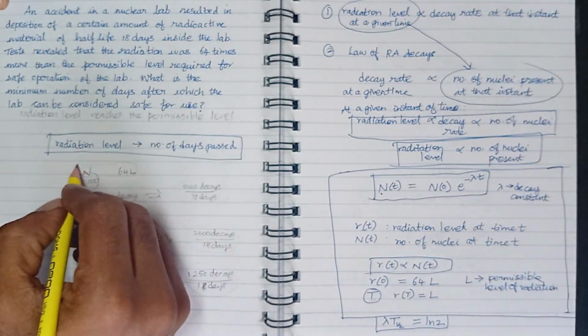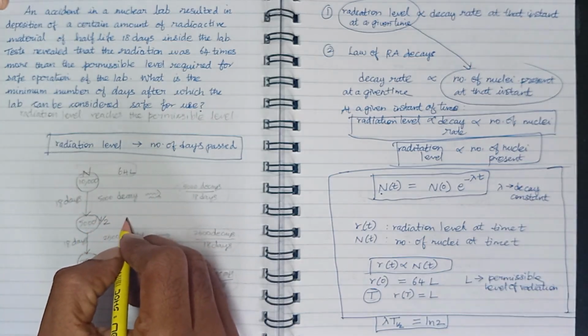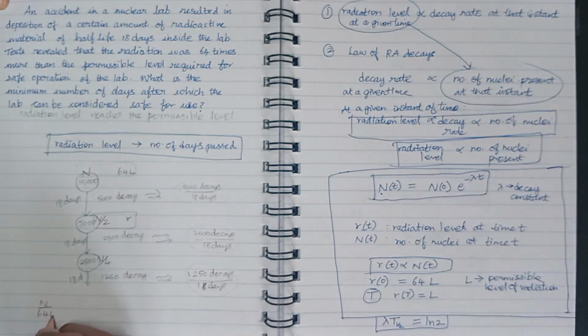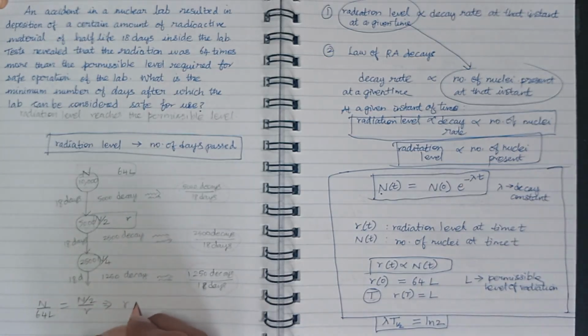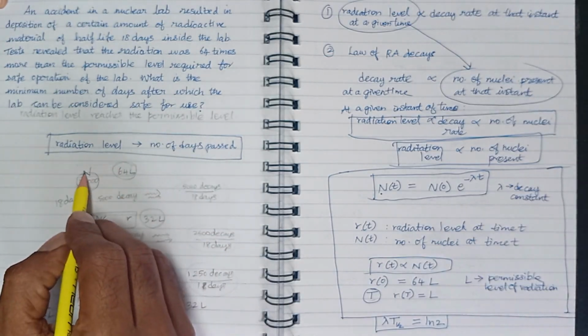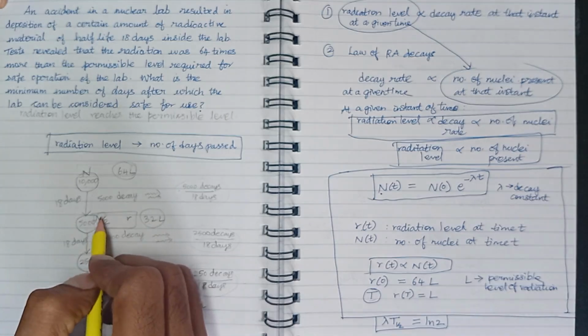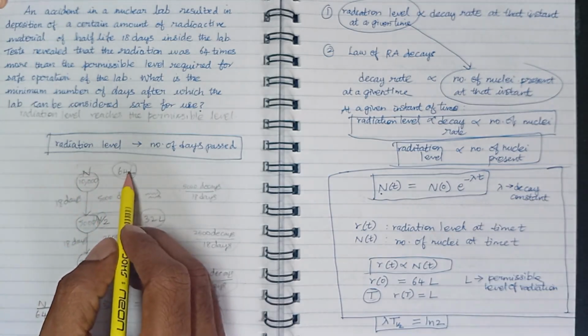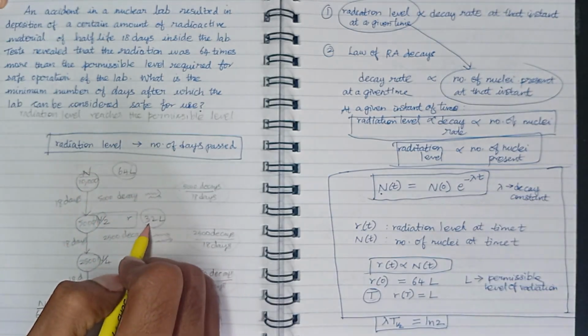Using the proportionality, here we don't know the radiation, let's say R. So N by 64L equals N by 2 divided by R. This implies R equals, N gets cancelled, 64L by 2, which is 32L. So the radiation level here is 32L, half of the earlier level, because the number of nuclei has halved, and likewise the radiation level has also come down by half.